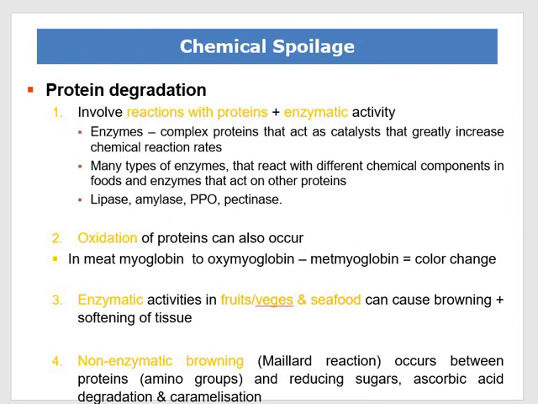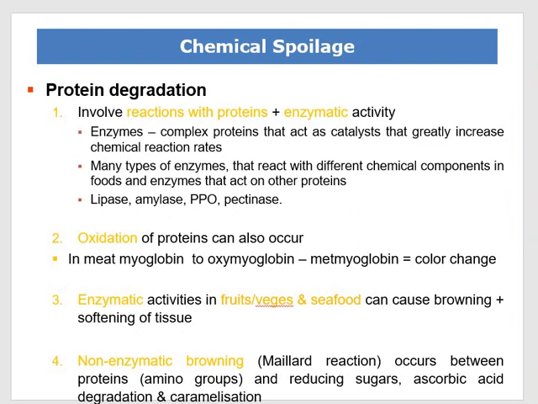So in terms of protein degradation, we have proteins reacting with other macromolecules, or proteins reacting with micronutrients, and obviously the other environmental factors, whether extrinsic or intrinsic factors affecting that. However, we also have your enzymes acting on the proteins, your enzymes acting on the lipids or the carbohydrates. So those will be the types of reaction.